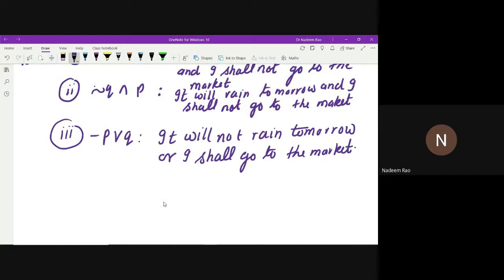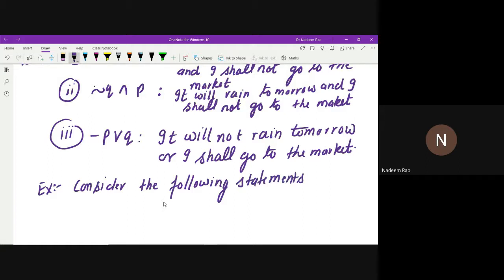Now, another example. Consider the following statements. Number one, P: it is raining today.